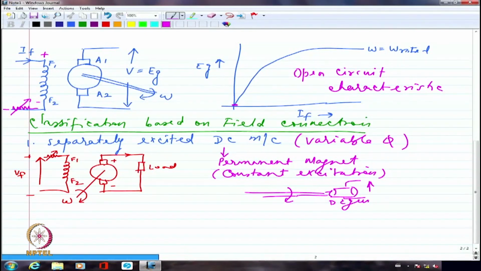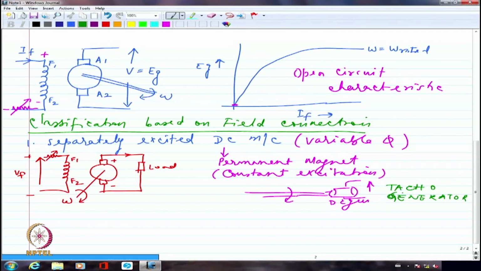So there I can have a permanent magnet. So whatever is the speed of rotation, correspondingly I will have a particular voltage generated. So this is generally known as tacho generator mechanism.